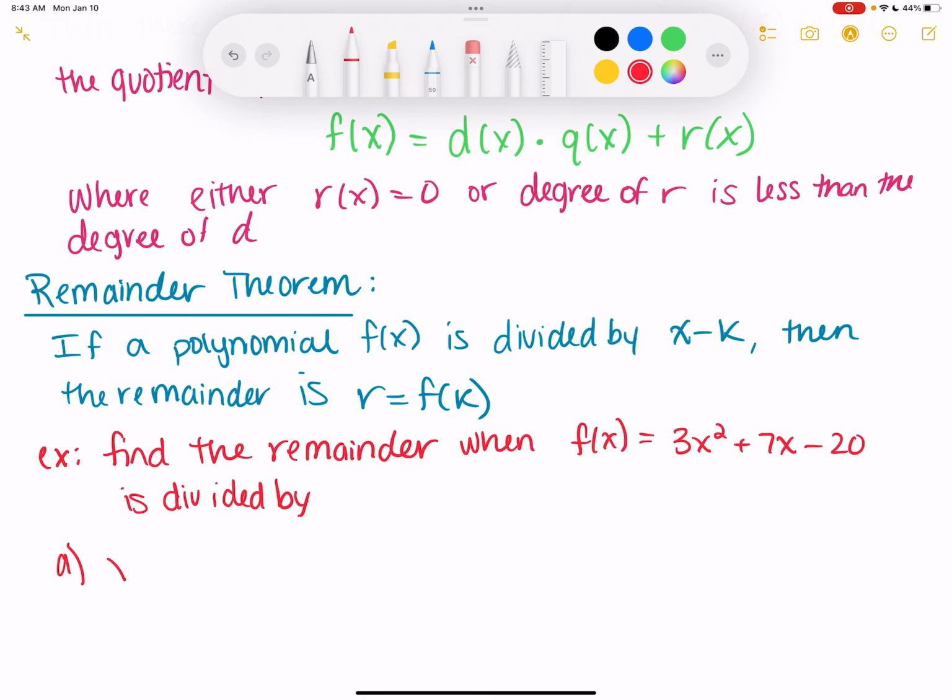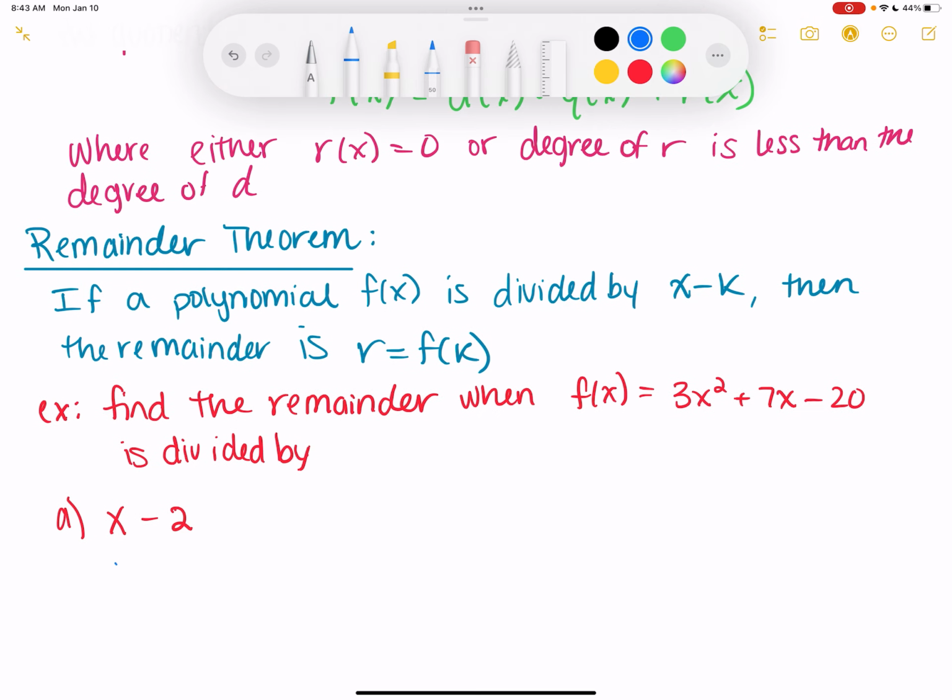First, we're going to do x minus 2. So when it's x minus 2, okay, the formula is x minus k. So if this is a minus sign, then k is just this number. Okay, if it was a positive sign, then k would be negative. So our k is equal to 2.